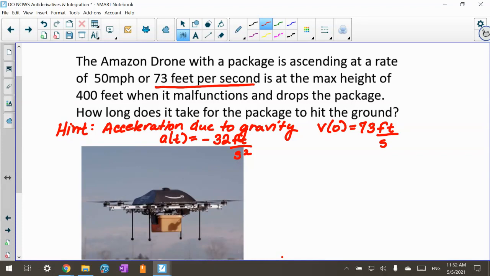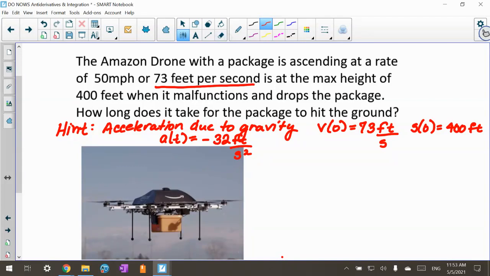And then the height is going to be 400 feet, so we use S. When time is 0, S sub 0 is going to be 400 feet. I needed to use this acceleration due to gravity because everything they're giving us is in feet, so I'm not going to use the negative 9.8 meters per second squared.